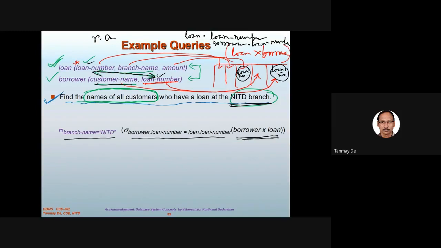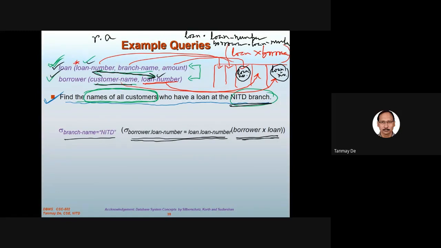From that you choose only the tuples where loan dot loan number equals borrower dot loan number, to match these two tables. And from that, which rows do we consider again? Some of the rows are discarded, and we only consider the rows or tuples where the branch name is NIT Durgapur.